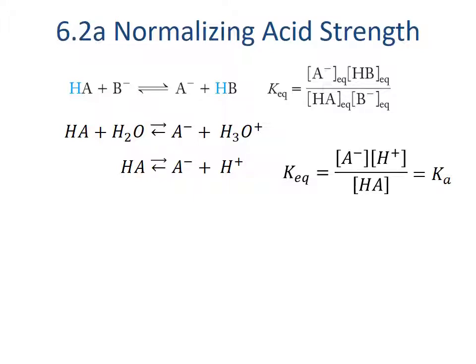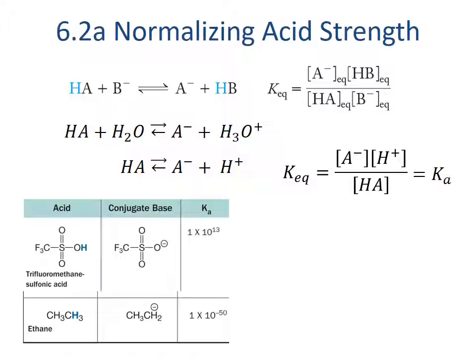The Ka is a very powerful tool because it allows us to compare the strengths of acids to each other on a universal scale. I just pulled up a section of a larger list of pKa's on page 301 of your texts. I wanted you to see that even though Ka's are an essential tool, those numbers actually vary over 60 orders of magnitude. This can make the numbers difficult to work with and really difficult to compare.